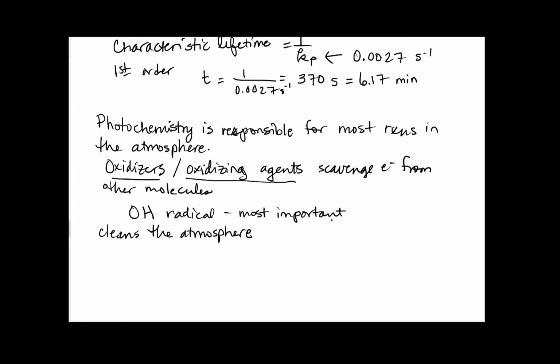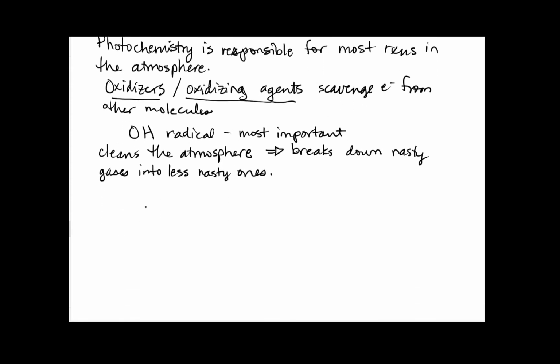And it cleans the atmosphere because it reacts with these other molecules that are around and breaks them down, hopefully into something that is more benign. Okay? So our most important source of the hydroxyl radical is from the photolysis of ozone.